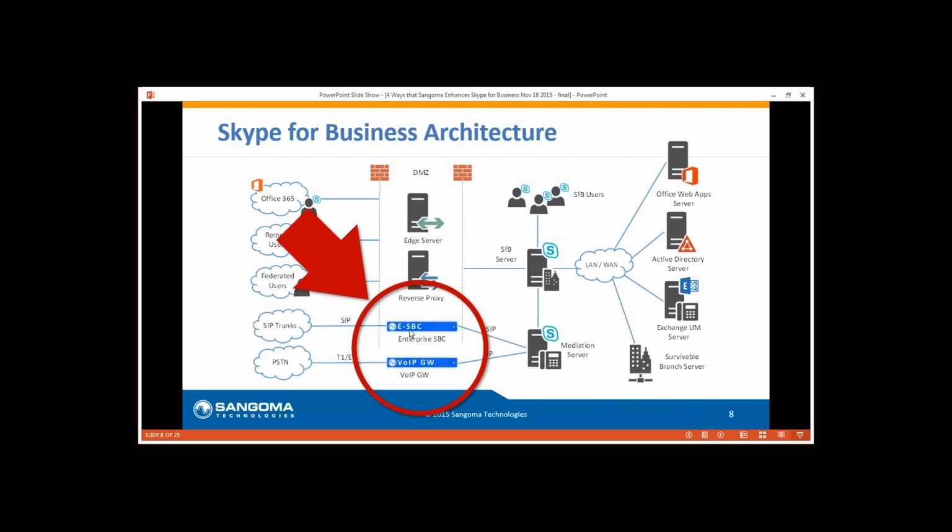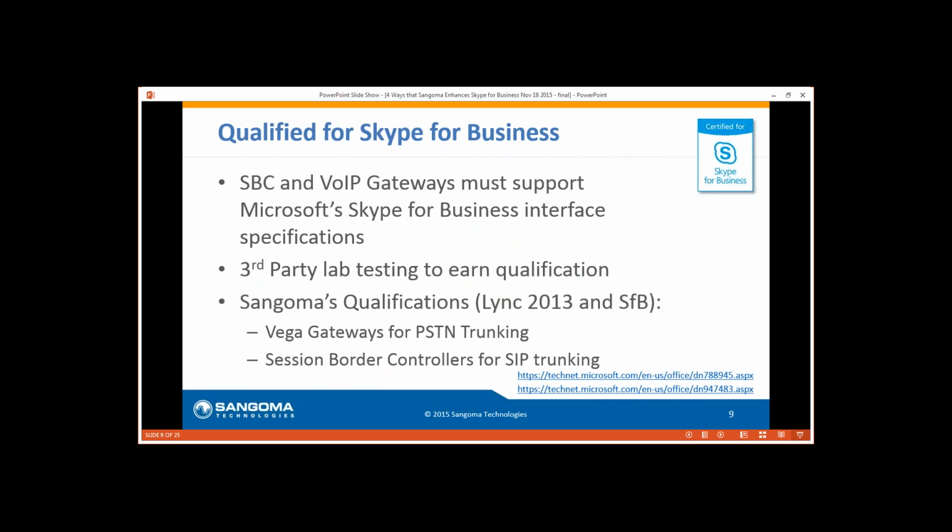So the various components that you need to interconnect through the PSTN, whether you're using SIP trunks, using an SBC, session border controller, or if you're using more traditional telephony like a T1 line or E1 line, you need a voice over IP gateway. Okay, so for this, Microsoft doesn't make these components.